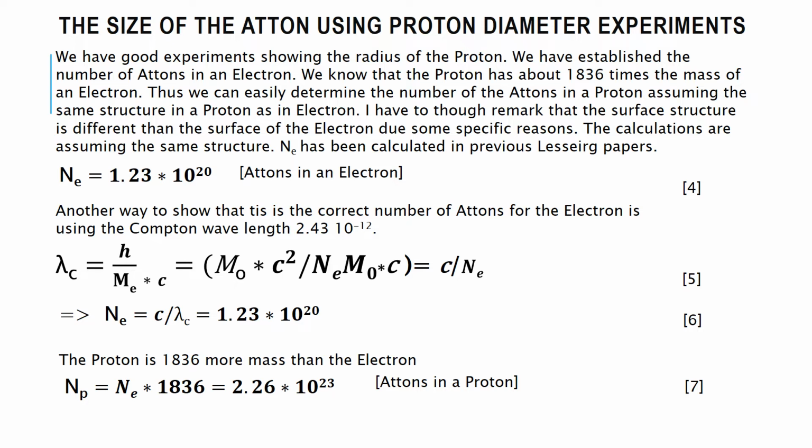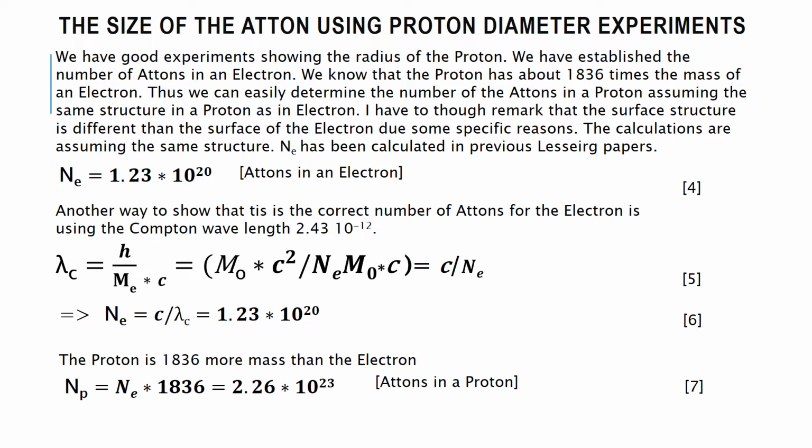So as I said, the number of attons in the electron has been calculated in previous papers, and it comes out to 1.23 times 10 to the power of 20 attons in the electron. Another way to show that this is the correct number of attons for electrons is using the Compton wavelength, which is 2.43 times 10 to the power of minus 12.